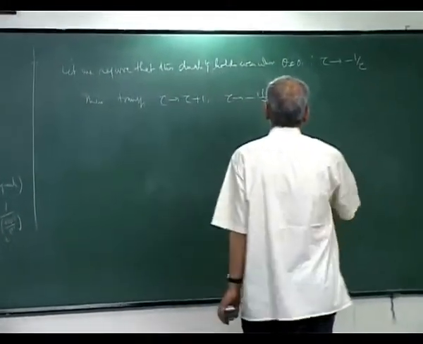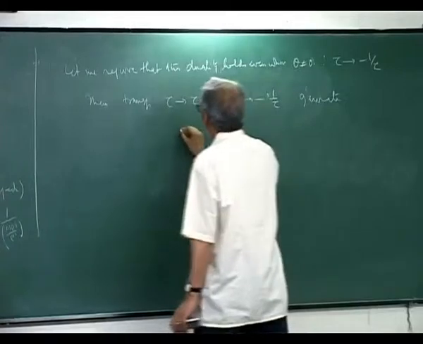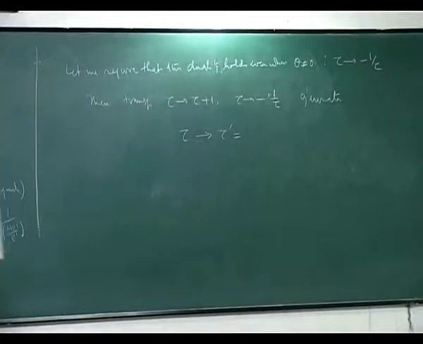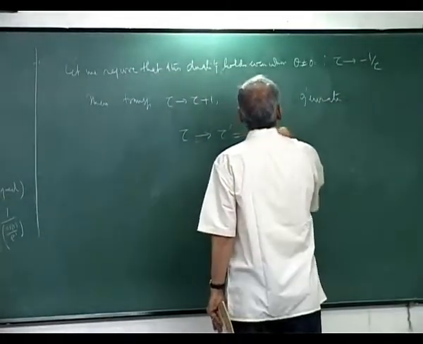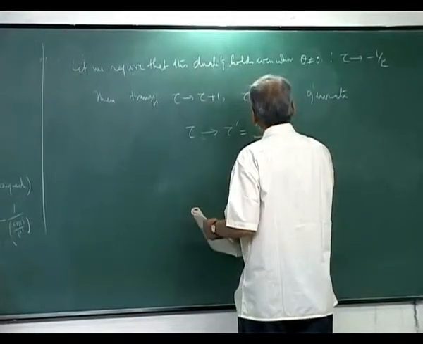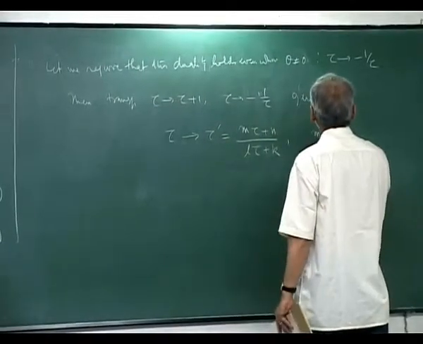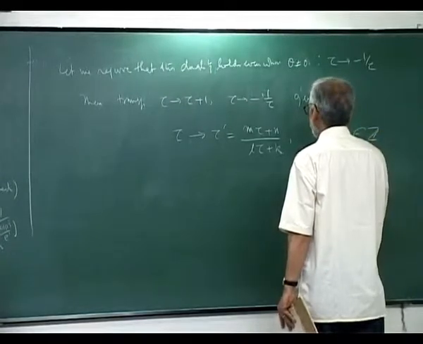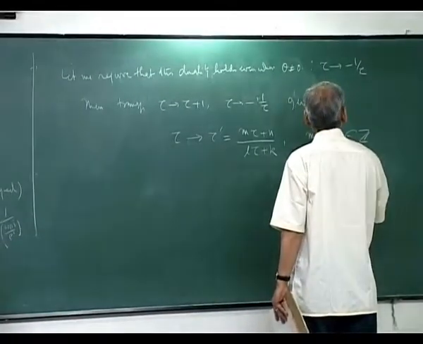These transformations generate arbitrary transformations of tau going to tau prime by, let me use the same notation, m tau plus n divided by L tau plus k, where m, n, L, k are all integers and m k minus n L is 1.